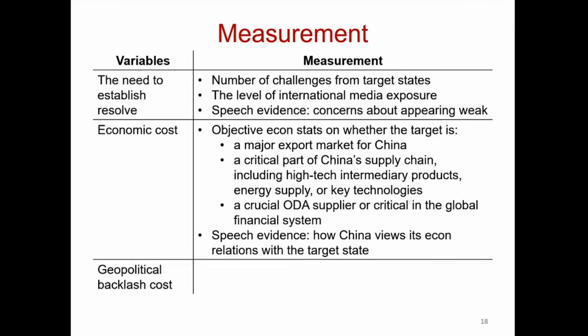And I use, again, objective stats as well as speech evidence to cross-check. And in terms of the econ stats, I examine whether the target state is a major export market for China, or whether the target state is a critical component in China's supply chains.